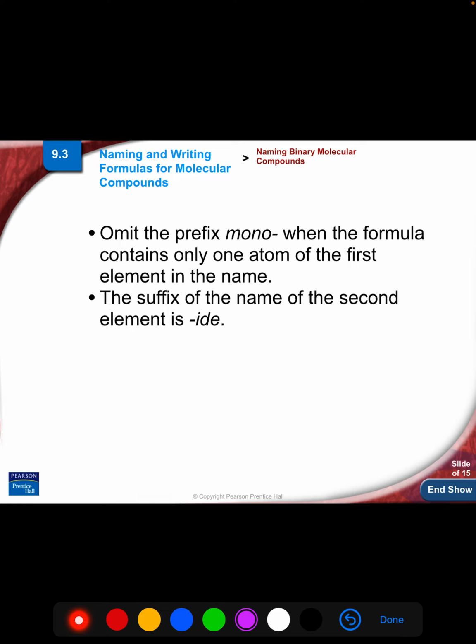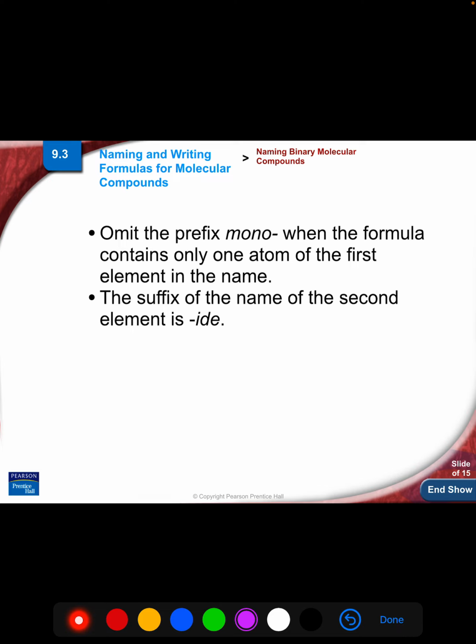And very frequently, even the second atom may not include the mono. It's important when we discuss carbon monoxide because it's such an important distinction to make between it and carbon dioxide. And of course, as you may have noticed from our example, the suffix of the second element becomes -ide, I-D-E.